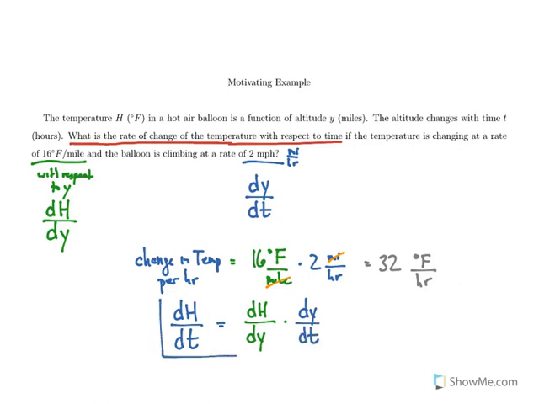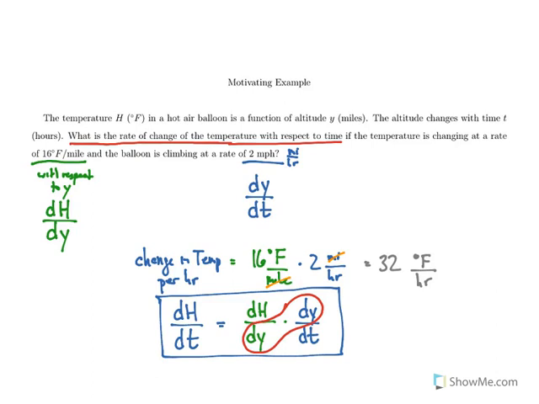And this is going to be our chain rule. So note that algebraically this works because we have these dy's cancel out. We're left with dH dt, and we'll see that on the next page. So the point of this example is that we should be able to reason out what's happening without the use of some kind of special chain rule. This is to motivate where we're getting this weird chain rule from.